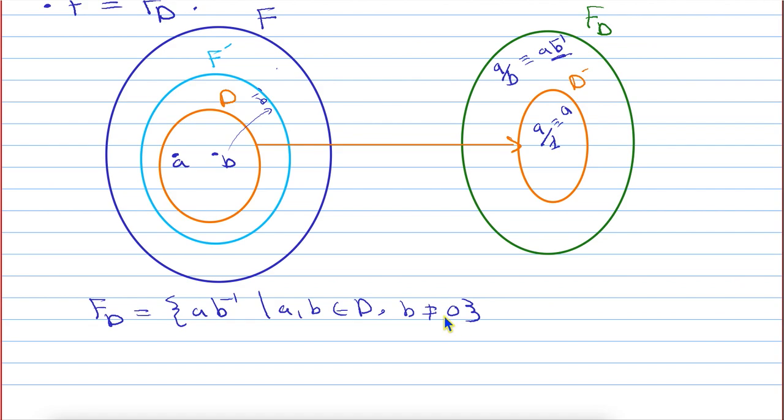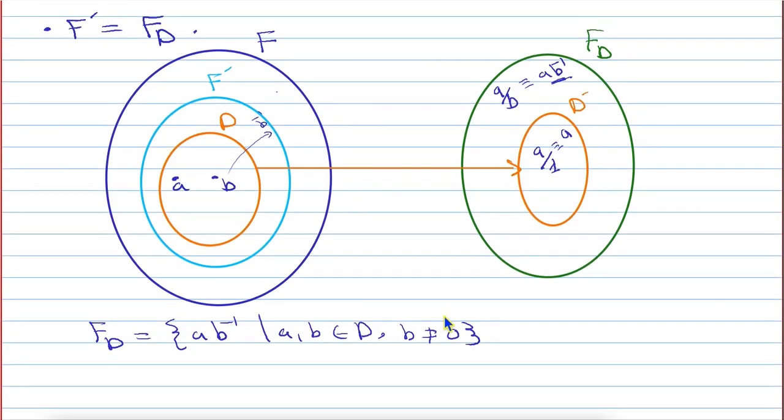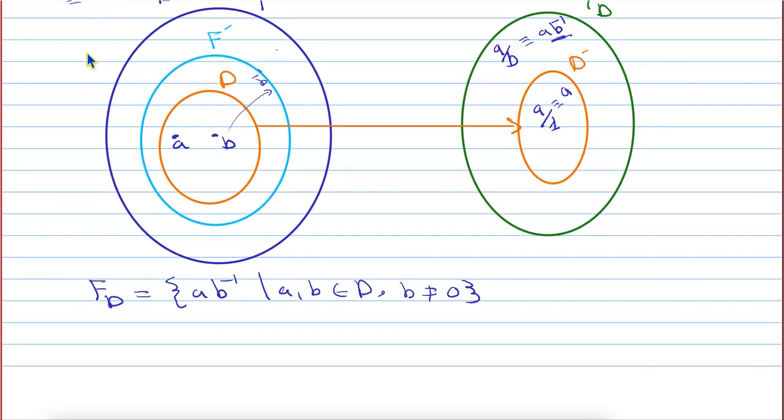But this is a definition that looks exactly the same as the definition of F prime, which we already proved is a subfield of F containing D, and is the smallest subfield containing D. So we conclude that F sub D is a subfield of F.